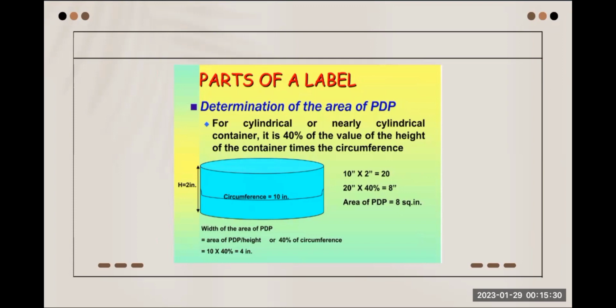Hindi tulad sa naunang shape na rectangular. Yung isang side doon, ayun po yung buo pong malalagay yung PDP label. Hindi tulad dito sa may cylindrical shape na 40% lang po yung pwedeng malagyan ng PDP label dahil nga sa shape niya. Kasi pabilog siya. Kumbaga hindi lahat malalagyan. At may formula rin po ito kung paano po makuha yung PDP. Next po.